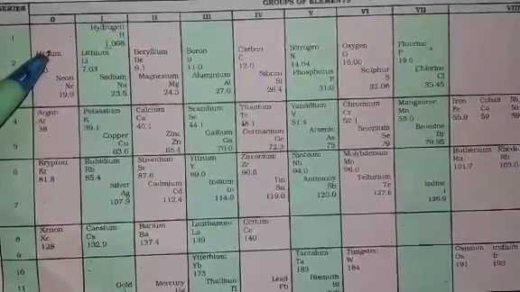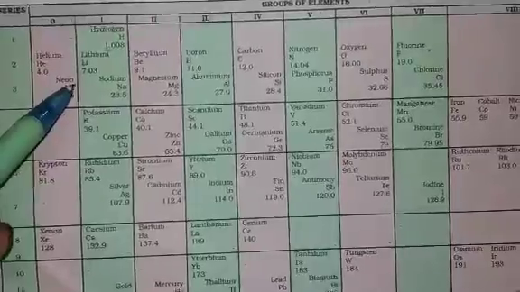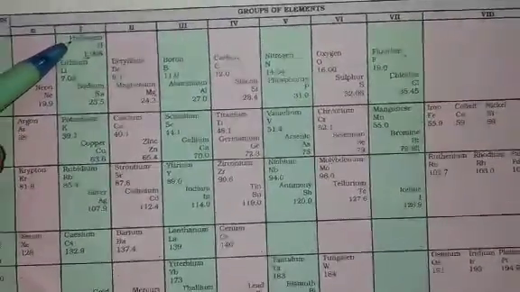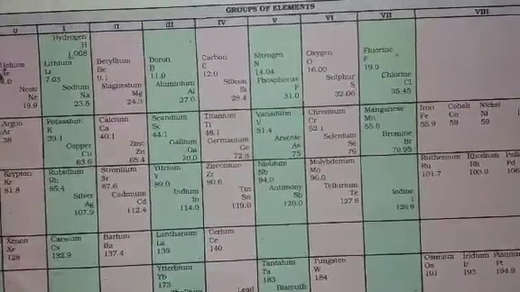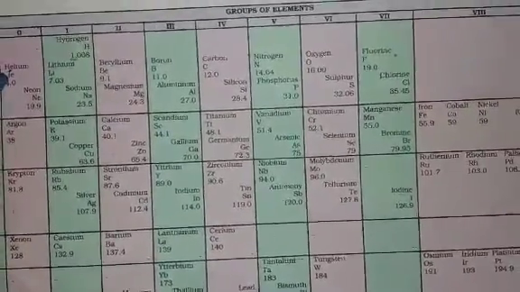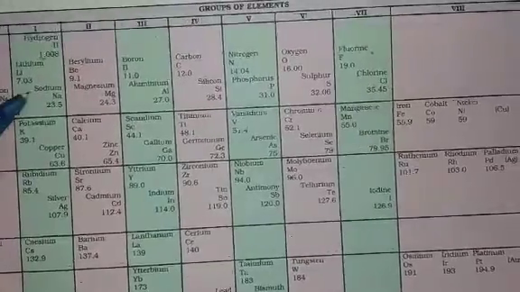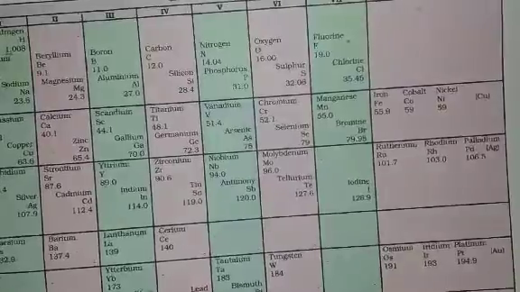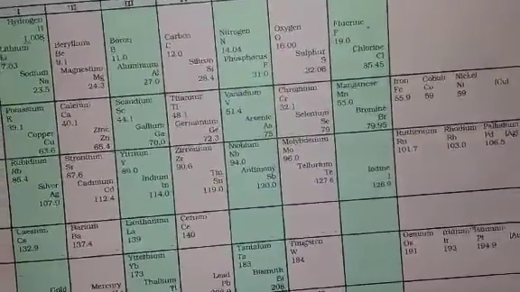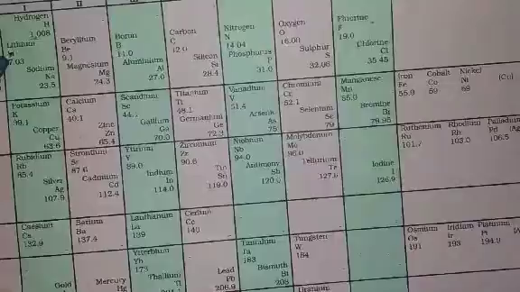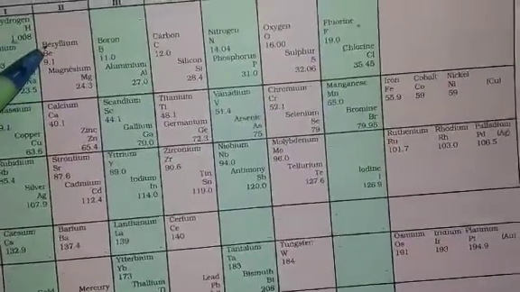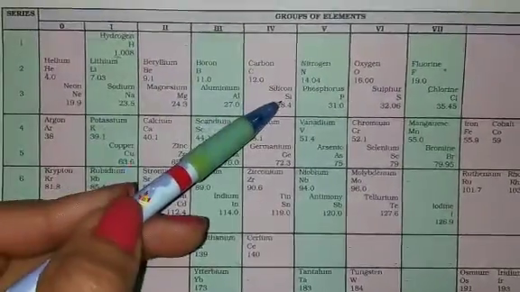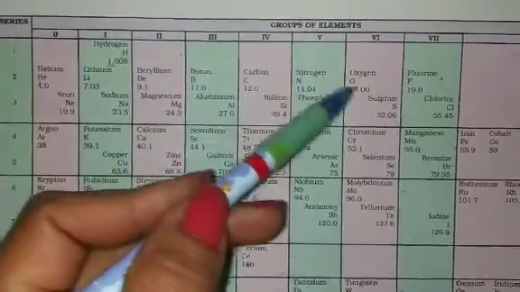He thought that hydrogen was similar to helium. Sodium was found to be similar to lithium, and then magnesium with beryllium, aluminium with boron, silicon with carbon, phosphorus with nitrogen, and so on.